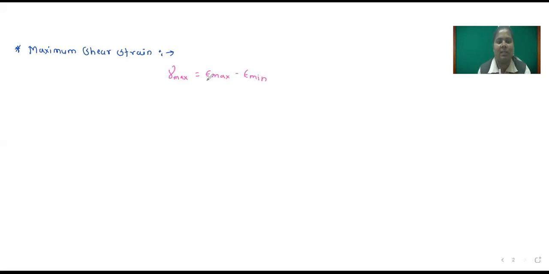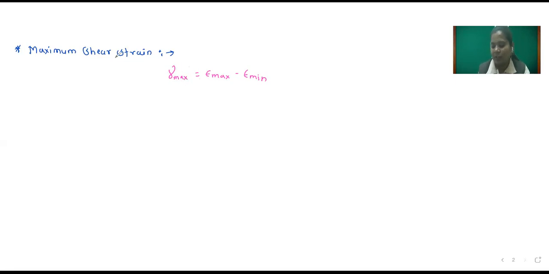Epsilon maximum means epsilon 1 and epsilon minimum is epsilon 2, that is, the major principal strain and the minor principal strain. So the major principal strain minus the minor principal strain is equal to the maximum shear strain. This is the equation for finding the maximum shear strain.